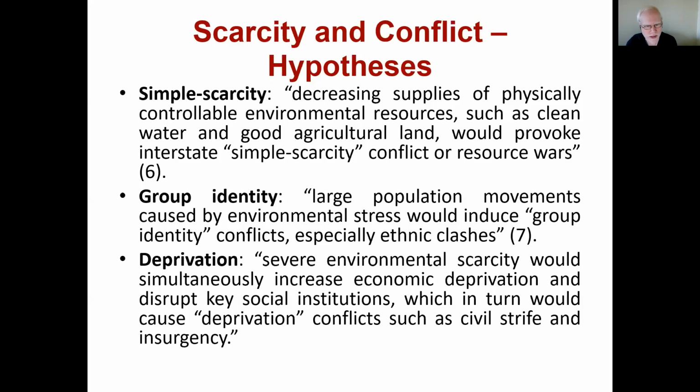Second is a group identity hypothesis. So essentially, large population movements caused by environmental stress would induce group identity conflicts, especially ethnic clashes. So essentially, this is based on the idea that with environmental change, some areas or some regions will begin running out of resources, and so populations are going to have to move.